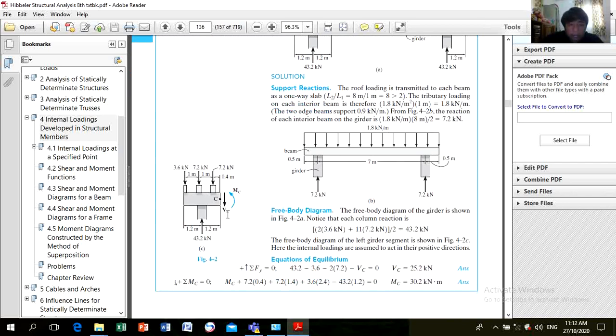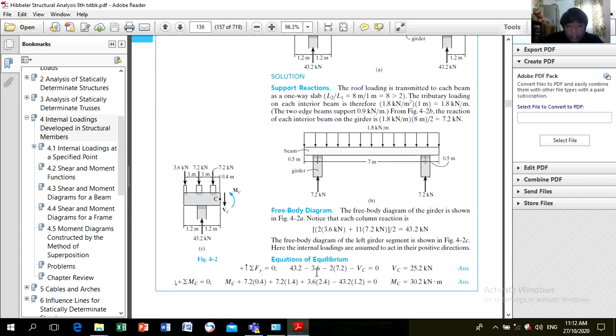Here, this is the sign convention for shear and moment. To determine the moment, you can take summation of moments at point C. Or if you want to get the shear force at C, you can take summation of forces along Y. So summation of forces along Y is 0. So 43.2.